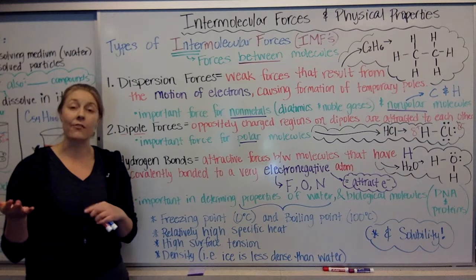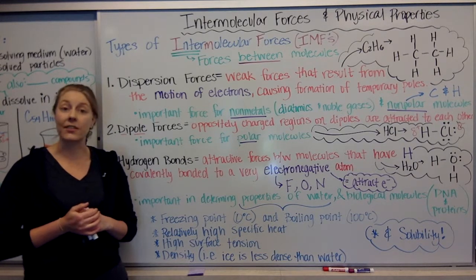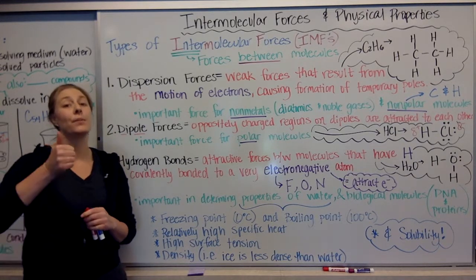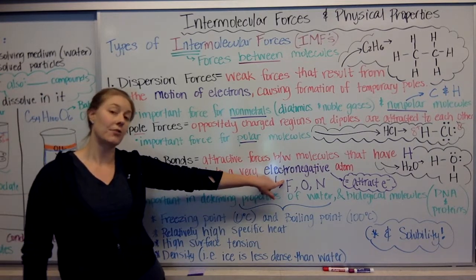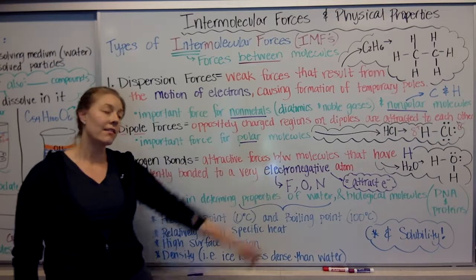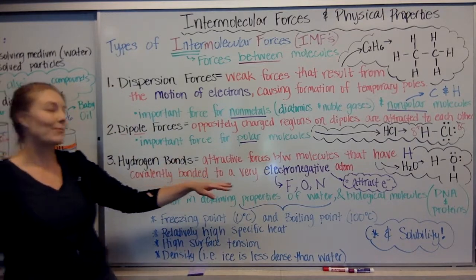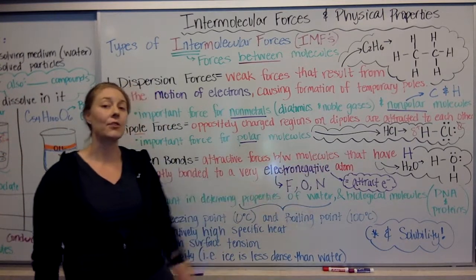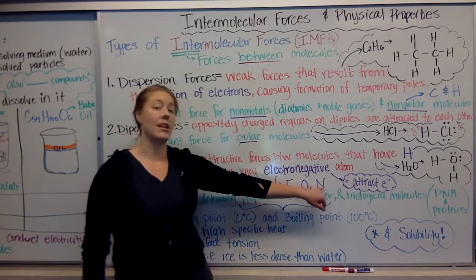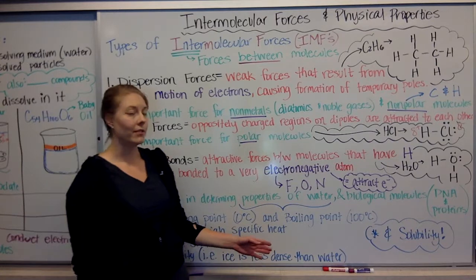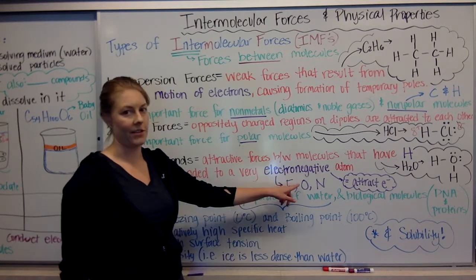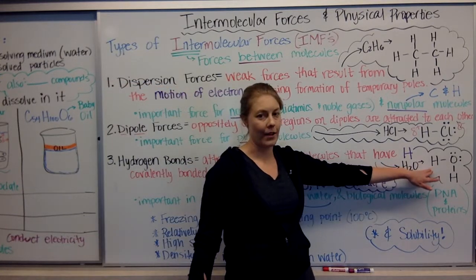As we looked at the trends for electronegativity on the periodic table, it increases up and to the right, making fluorine our most electronegative atom, okay? So hydrogen bonds will be between hydrogen and electronegative atoms like fluorine, oxygen, and nitrogen, okay? The most common example, if you can think of hydrogen bonding with oxygen, is water, okay?